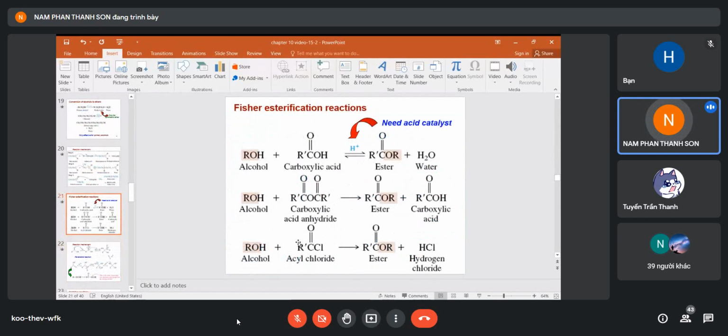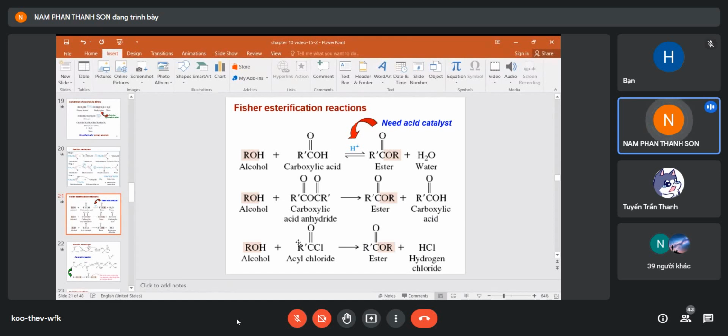Okay, and one very famous reaction of alcohols is the Fischer esterification reaction, to make ester. There are 3 ways to make ester from alcohols. We can use carboxylic acid, and at high school you study this reaction.